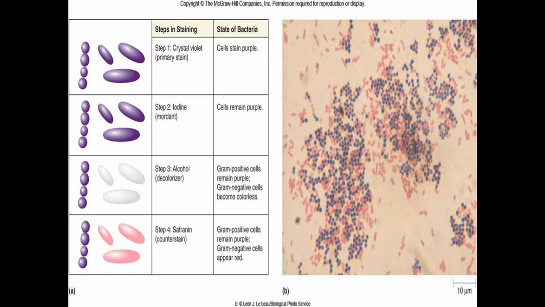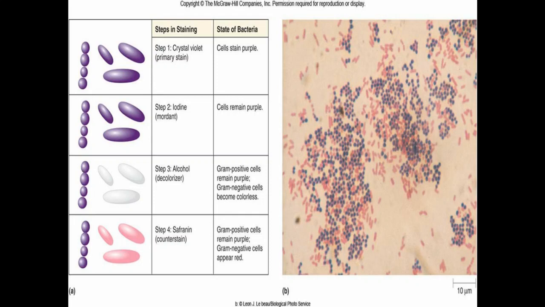Since the pores are formed due to dissolving of the lipids, the crystal violet iodine complex formed in the earlier step will completely leak out. The state is that the gram positive cells will remain purple and the gram negative cells will become colorless upon the third step, which is called the decolorization step.